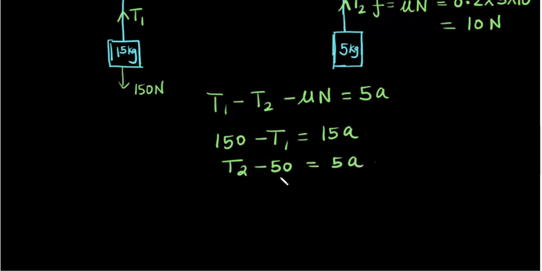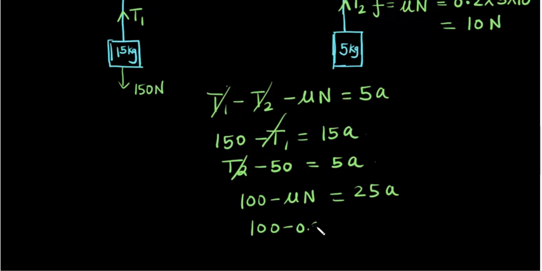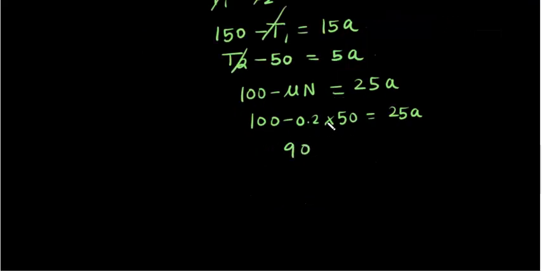Now let's add all of this. If I add, then T1 will get cancelled, T2 will get cancelled. This will be 100 minus mu n is equal to 25 A. Mu is 0.2, 0.2 into 5 into 10, that is 10, so this will be 90, because 100 minus 10 is 90, is equal to 25 A. So acceleration is 90 by 25 meter per second square.